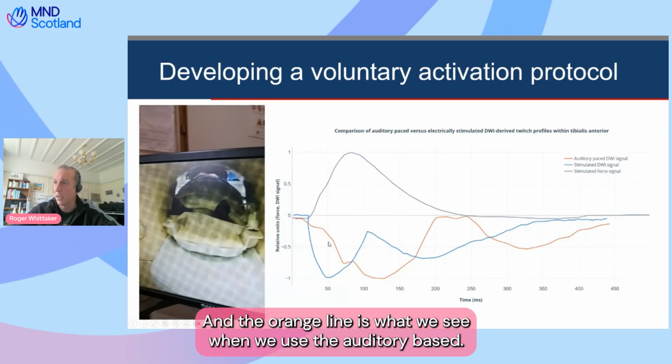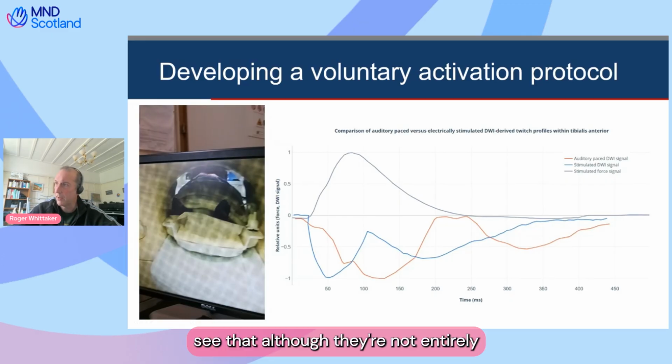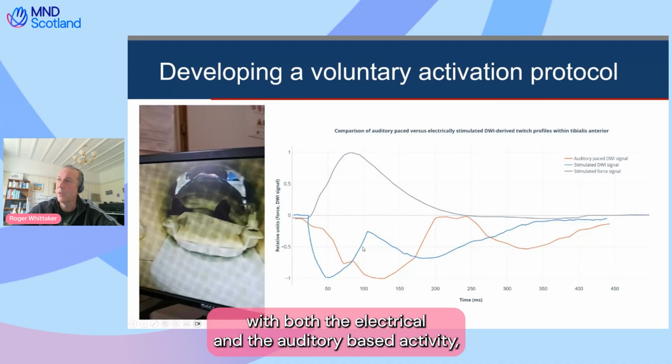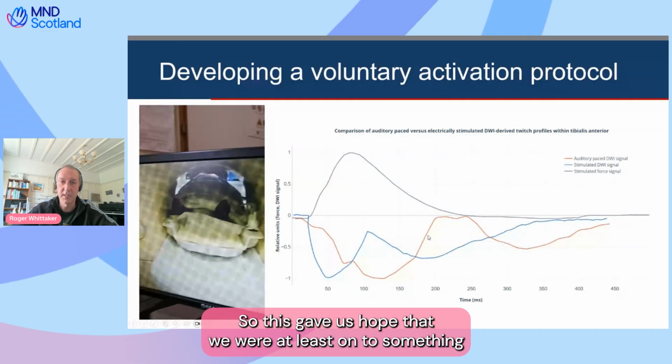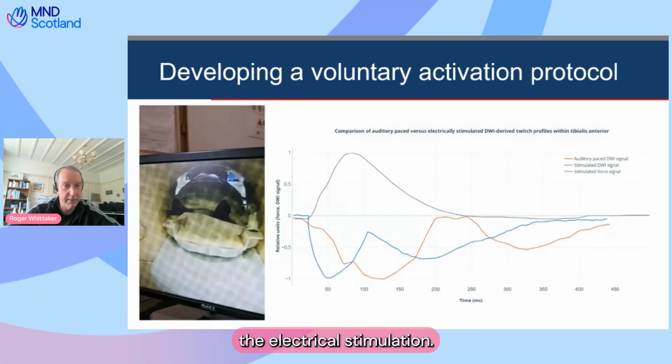And the orange line is what we see when we use the auditory paced. And you can see that although they're not entirely identical, with both the electrical and the auditory paced activity, we see one initial large curve and then a second later curve. So this gave us hope that we were at least onto something credible in terms of being able to replicate the electrical stimulation.